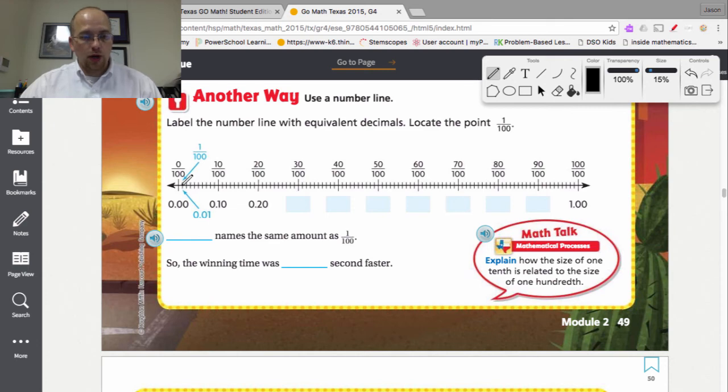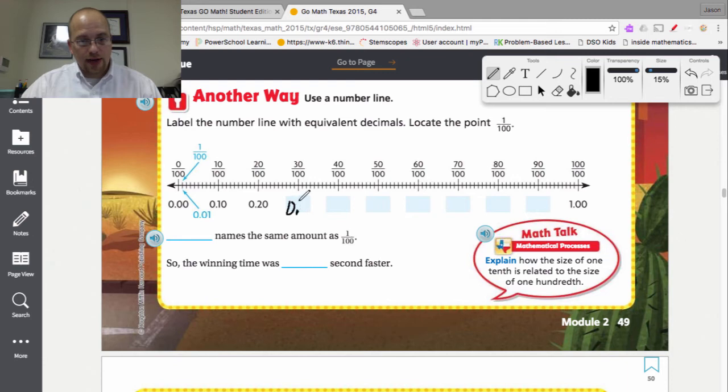So this is 1/100th, 2/100ths, 3/100ths, 4/100ths, 5/100ths, 6/100ths, 7/100ths, 8/100ths, 9/100ths, and 10/100ths. It's the same thing as 1/10, but we're writing it as 10/100ths because we've divided it into hundredths.